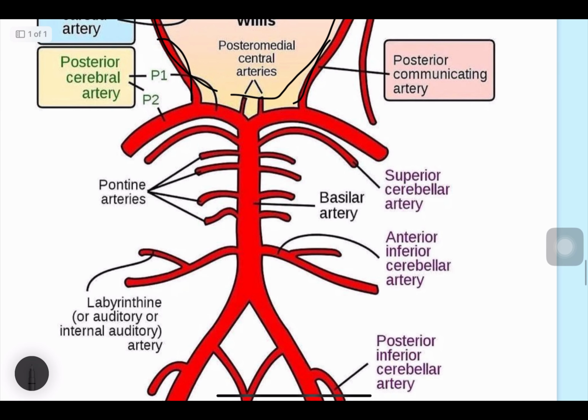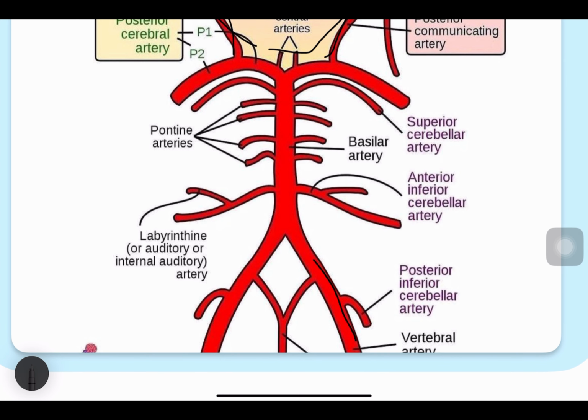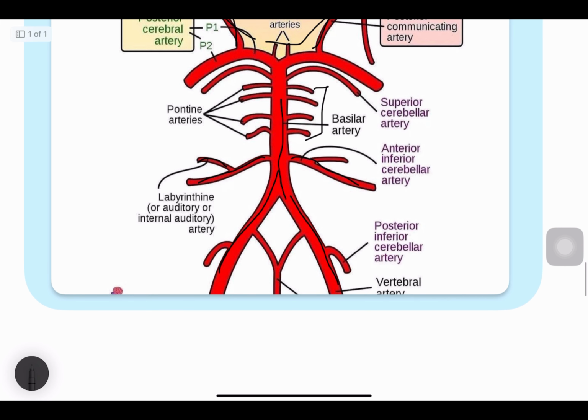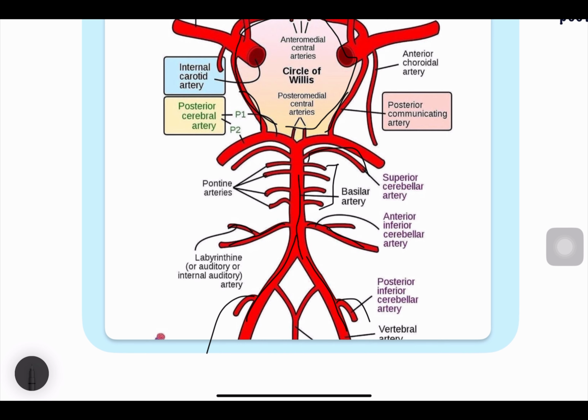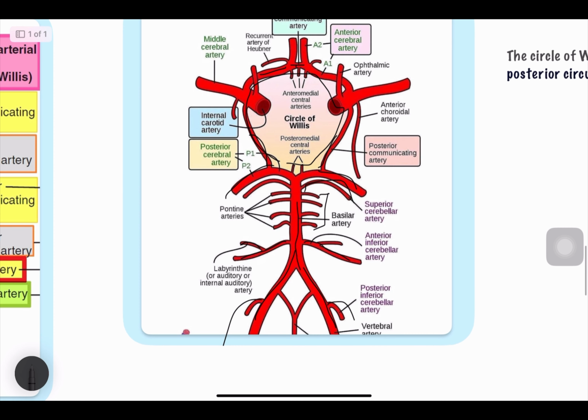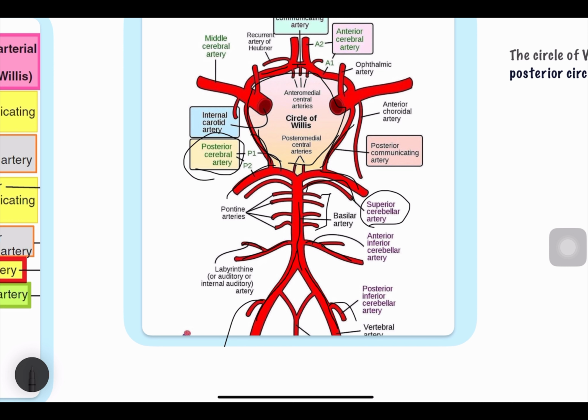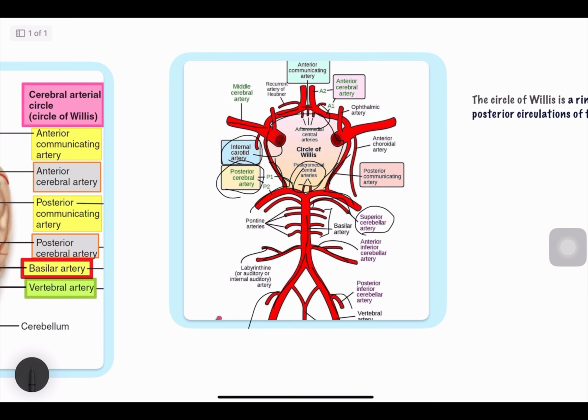From this picture we can almost revise all the arteries: the vertebral artery, basilar artery, pontine arteries, anterior inferior cerebellar artery giving off the labyrinthine artery or the internal auditory artery, posterior inferior cerebellar artery, superior cerebellar artery, posterior cerebral artery, and the posterior communicating arteries, which form a connection between the posterior cerebral artery and the internal carotid artery and the middle cerebral artery, and give off the posterior medial central arteries and the anterior medial central arteries.